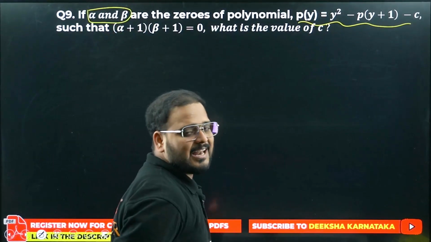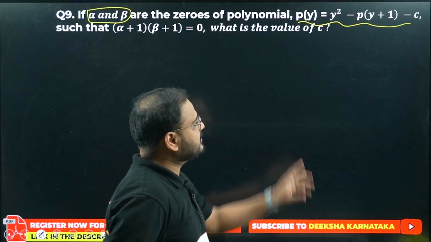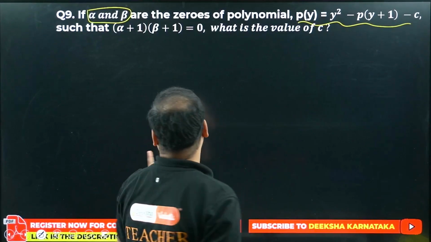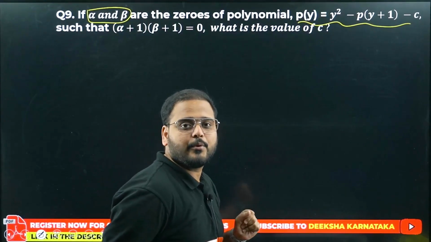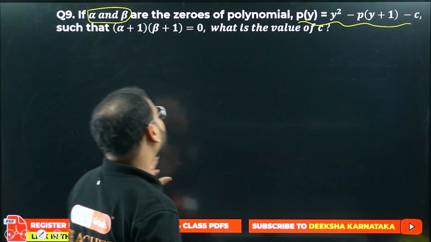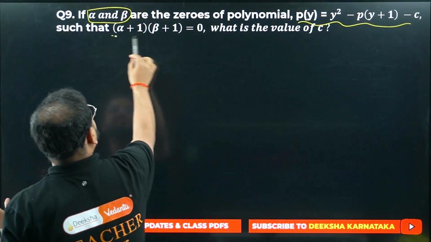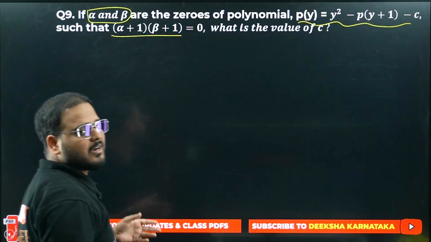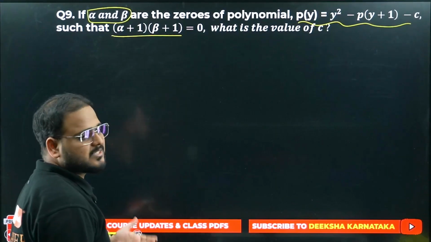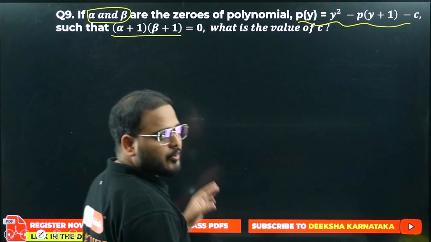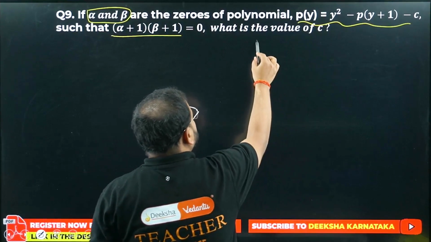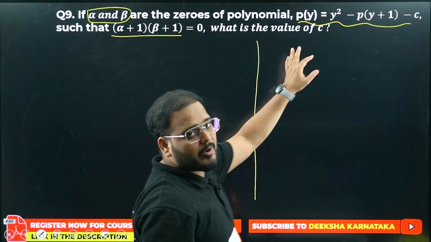Means if you replace y by alpha, this whole thing will become 0, and if you replace y by beta, this whole thing again will become equal to 0. That's the meaning of a zero of the polynomial. Now they are also saying that this condition is true: (alpha + 1)(beta + 1) = 0.